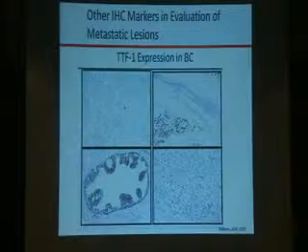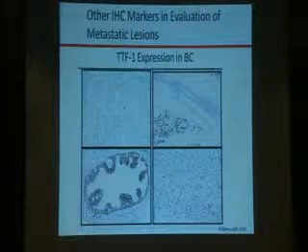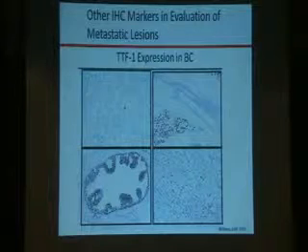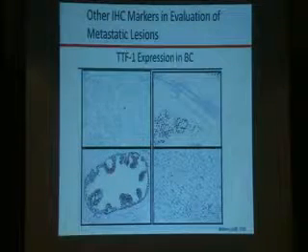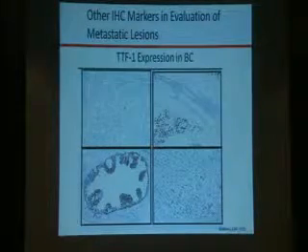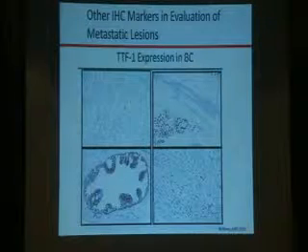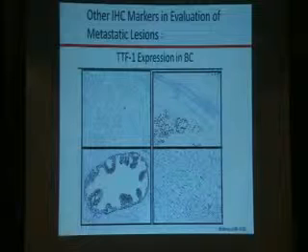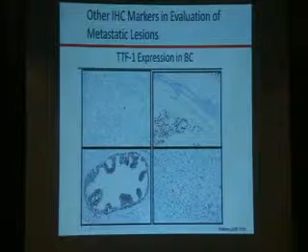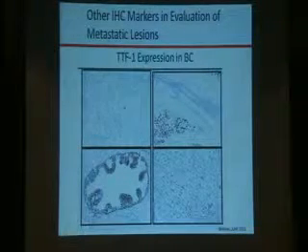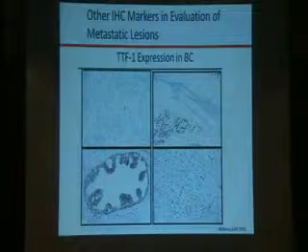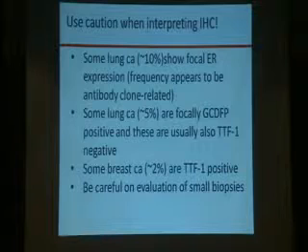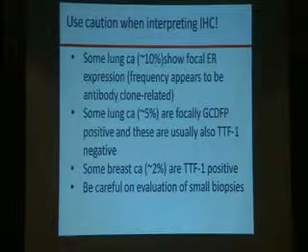This is an example from this manuscript where not only the invasive carcinomas but also the CIS can be TTF1 positive. I have seen 3 cases, but I have not done extensive TTF1 when the cases were clearly breast, so I don't know the actual extent of it, but it can happen, so you have to be careful about that.